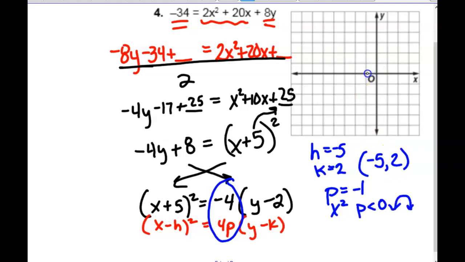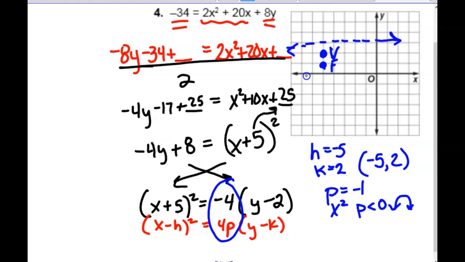So over at 1, 2, 3, 4, 5 to the left and up 2. But P is negative 1. So this is the vertex, this is the focus, and this is the directrix.